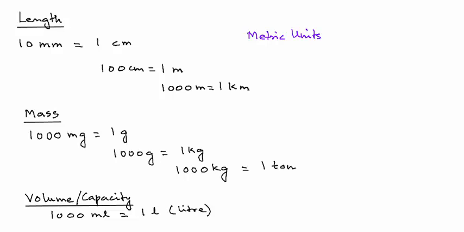Let's see how to convert areas and volumes from one unit to the other. Let's say we want to convert the area of 450 square centimeters to square meters. Now if you look at this 450 square centimeters, what is a square centimeter?